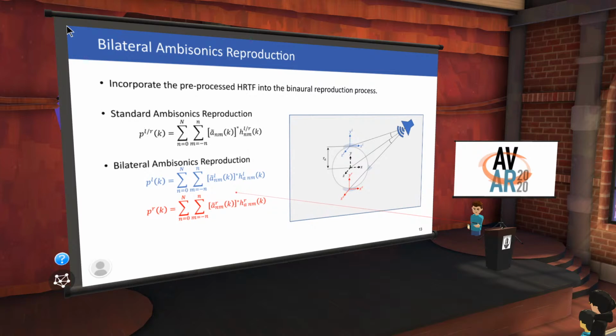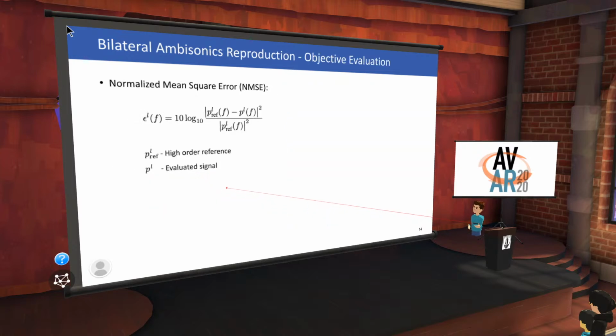To show the performance of this method, we did an objective analysis by looking at the normalized mean square error, so the error between a reference signal and the evaluated signal.